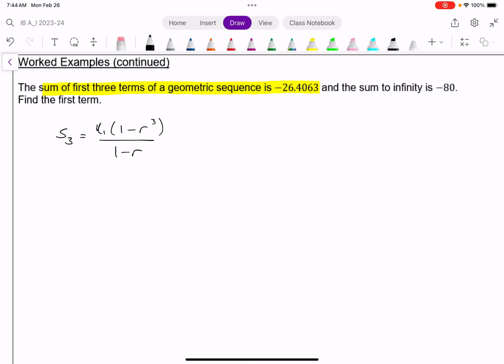That's just using our formula we've seen a long time ago for how to find the sum of a geometric series. And I know this equals negative 26.4063, so maybe I'll just substitute that in right now to save a bit of time.